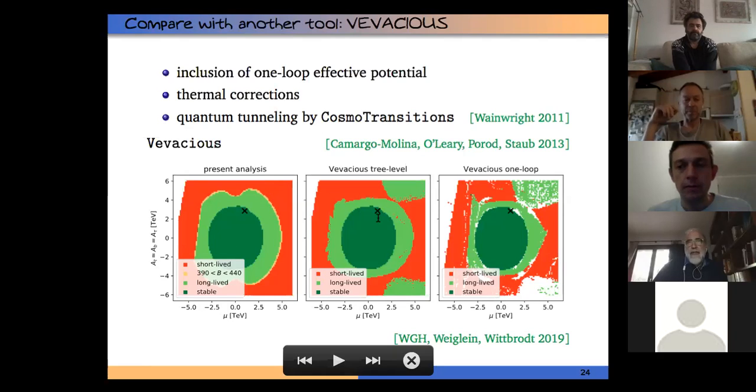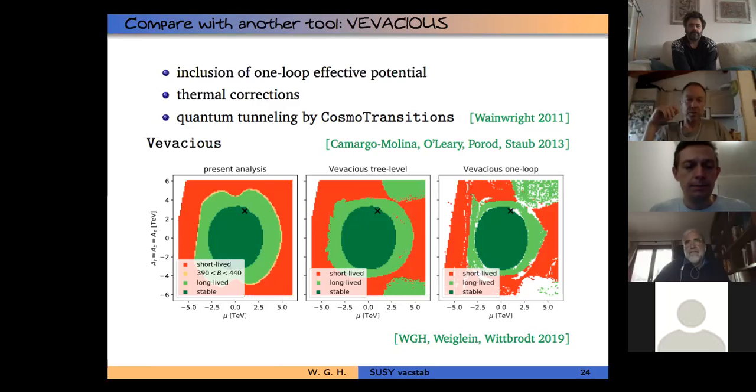And the number of fields that you can use in both codes is similar, or I think it's the same. Vevacious has this field sets implemented, and I think the maximum number was also 6, if I remember correctly when I used it the last time. What would you have to do if you want to go to larger numbers? You have to wait more. I think you can do it.